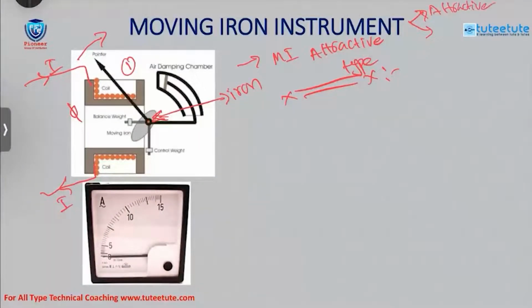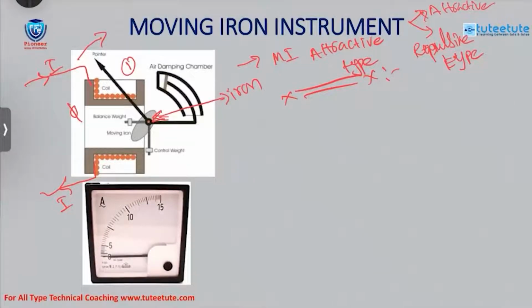Attractive means attracting the iron piece. In repulsive type, a repulsive force will occur and exert a force on the iron piece, and the iron piece will move away from the magnetic field. That we are going to discuss in the coming slide.